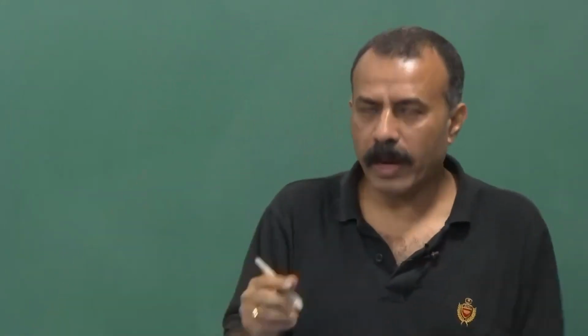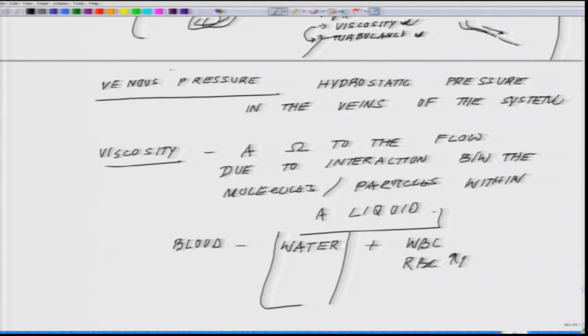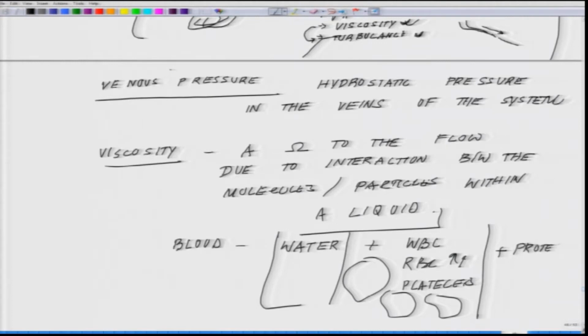So, if you look at blood per se, then on one hand you have water, which is the base, so this is the fluid part of it, then you have WBC, RBC, which is the highest number, then platelets. These are macro particles which are present there, then you have the micro and nanoparticles in the form of proteins, albumin and likewise.